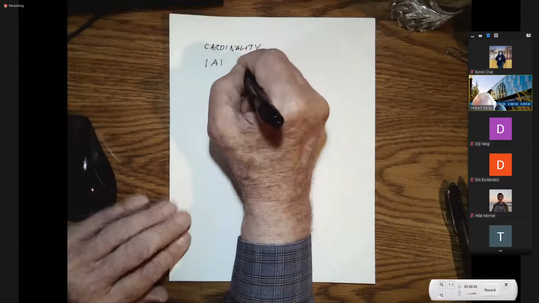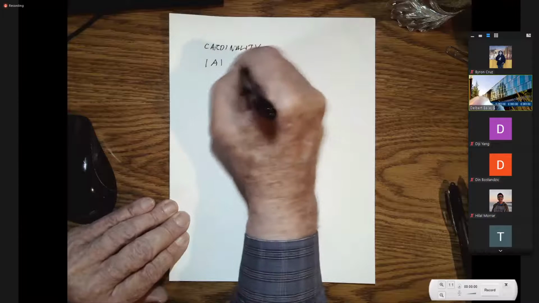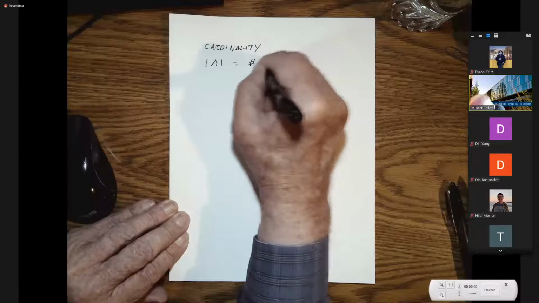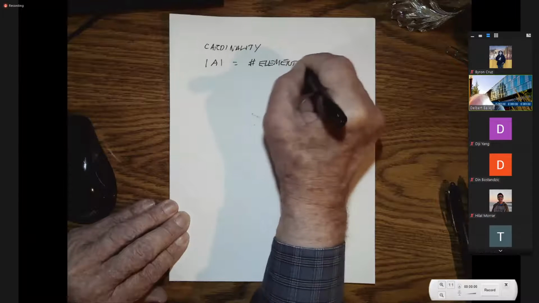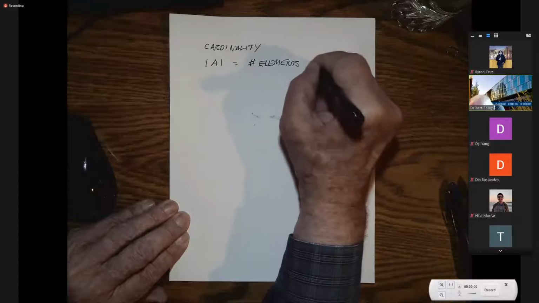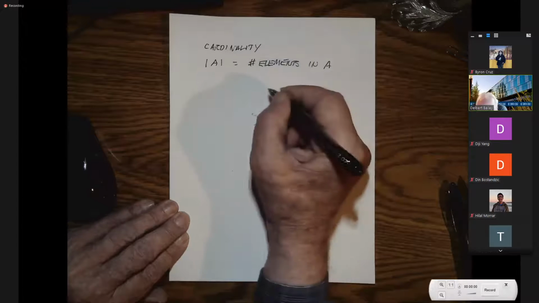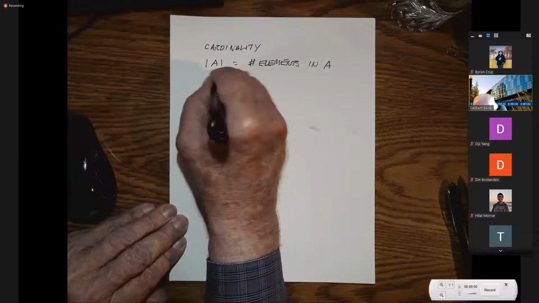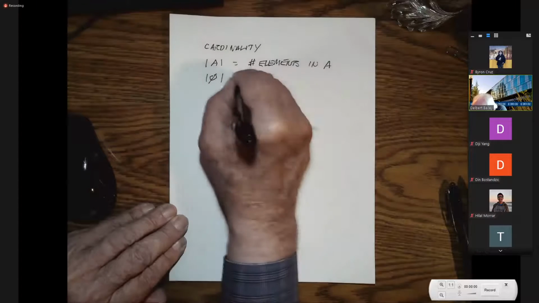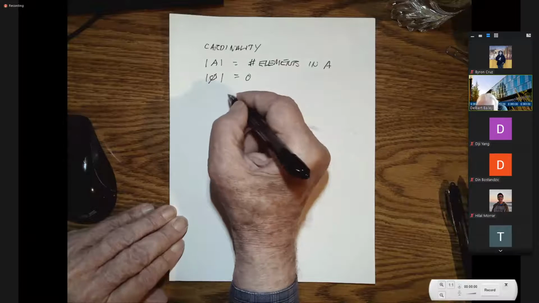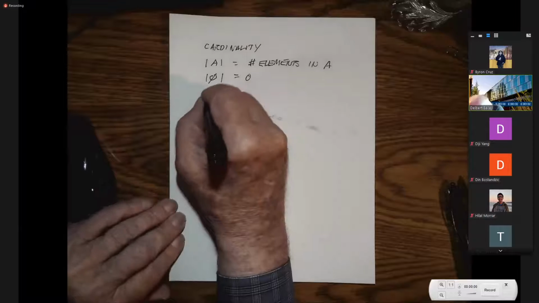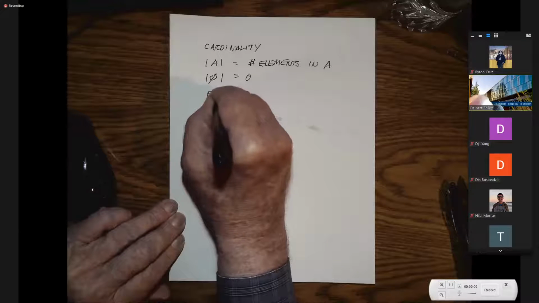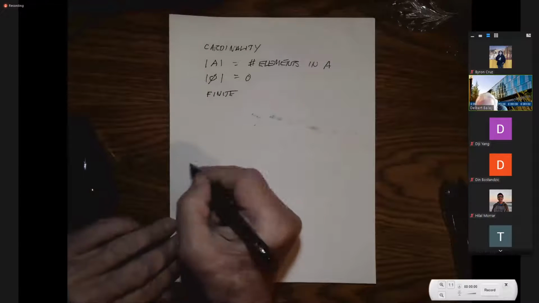So if it's finite, then this is the number of elements in A. So of course, if we have the empty set, we know that's 0, right? Cardinality is finite, or if it's not finite, then it's simply infinite, right?